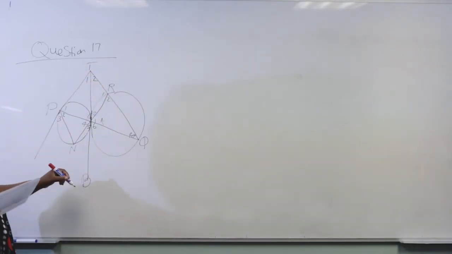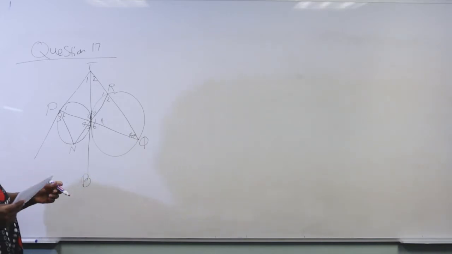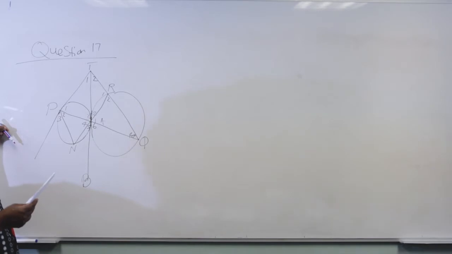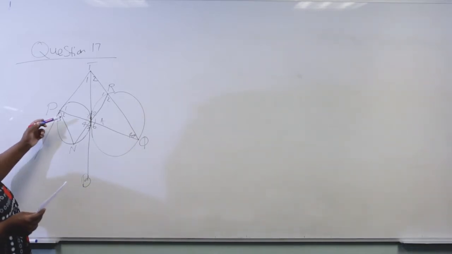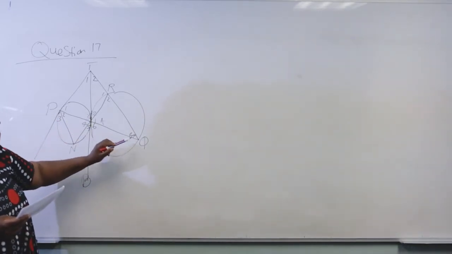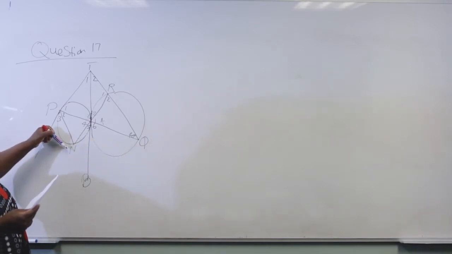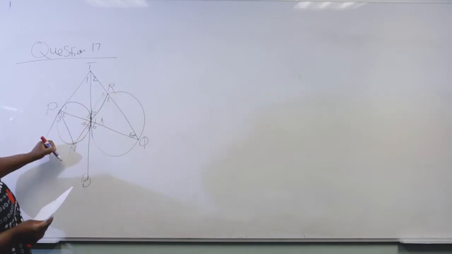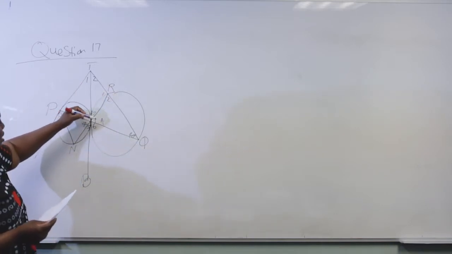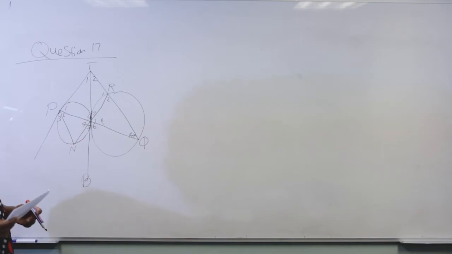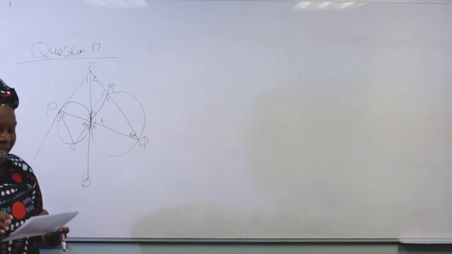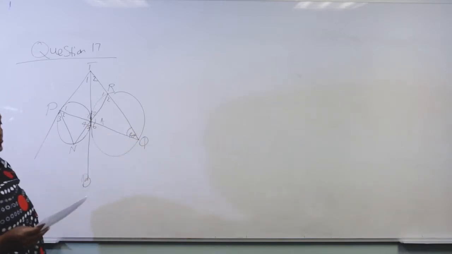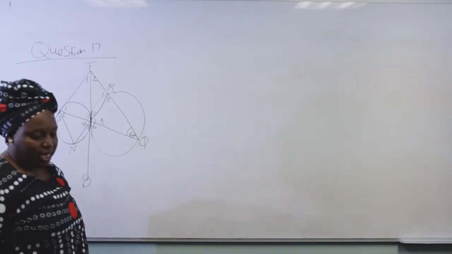And they said PT is a tangent to the small circle. And PAQ and NAR are straight lines, meaning we have two straight lines cutting each other, so we have vertical opposite angles in between. And we have been given that Q equals 40 degrees.